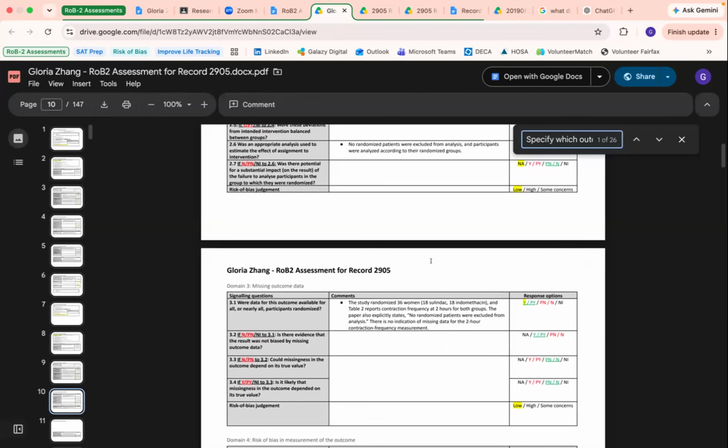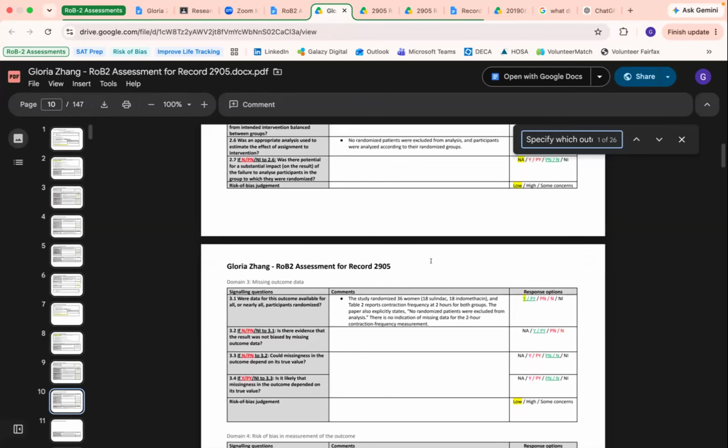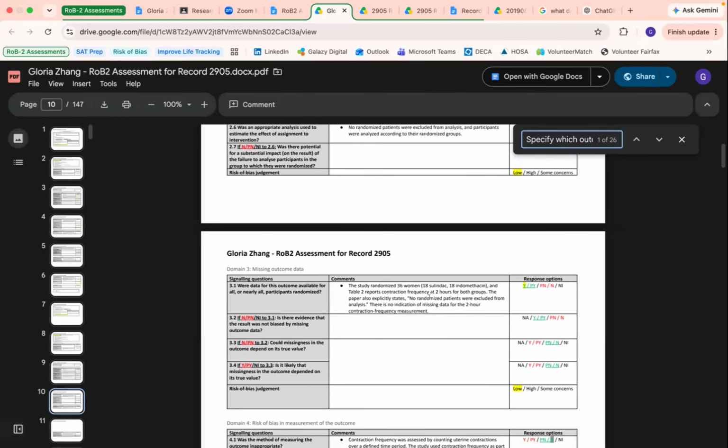Okay, so for domain three on the missing outcome data, what did you guys answer? Said yes. Me too. I put yes as well. Okay, that is what I put as well, because they said that no randomized patients were excluded from the analysis for this result at least.